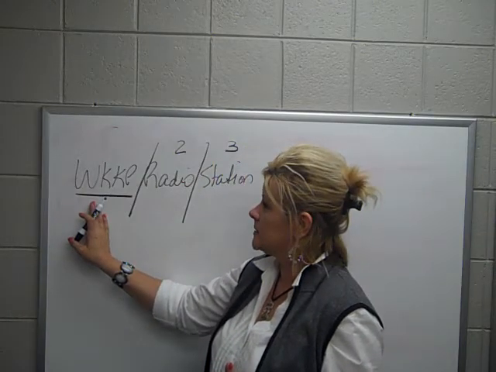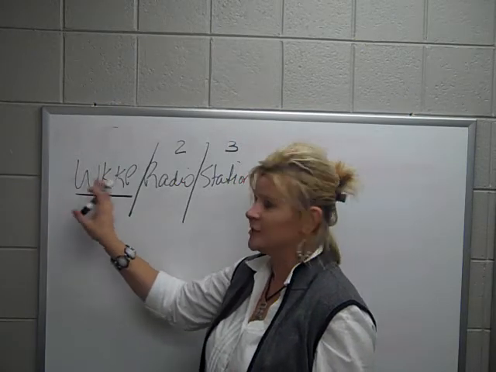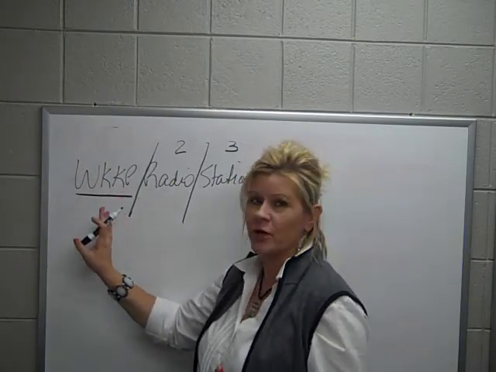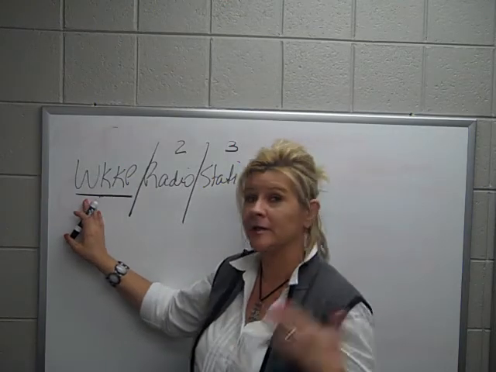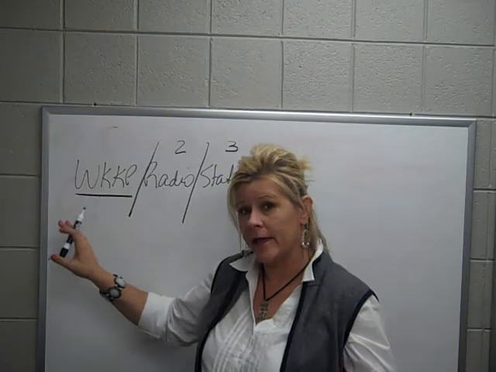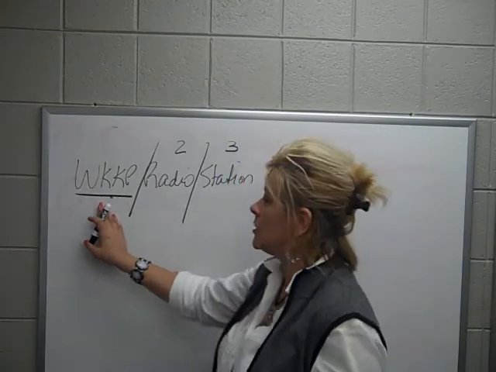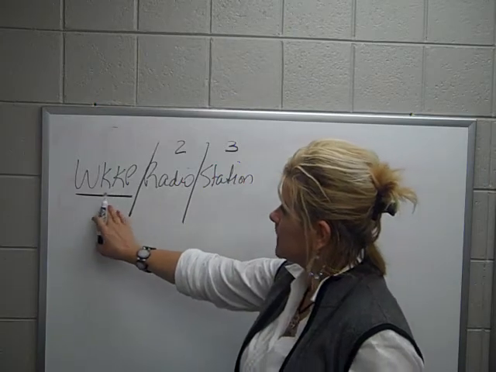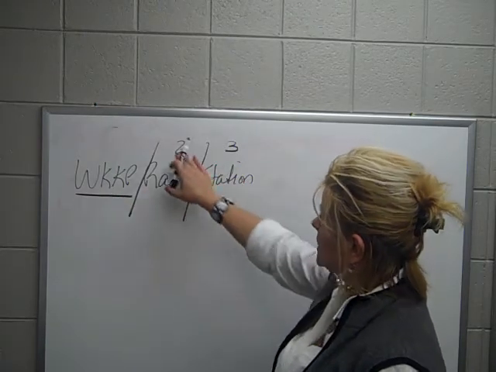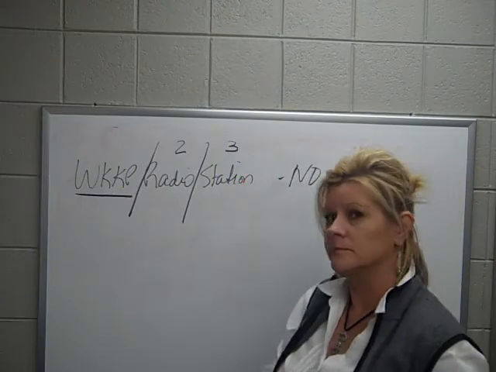Another thing is most all radio stations have different letters than this right here. So we know to look for WMPM or WKKP, a WRAL, something like that. So there's no cross-referencing here. Only thing you need to do here is underline, put your diagonals, and number your units, and no cross-reference.